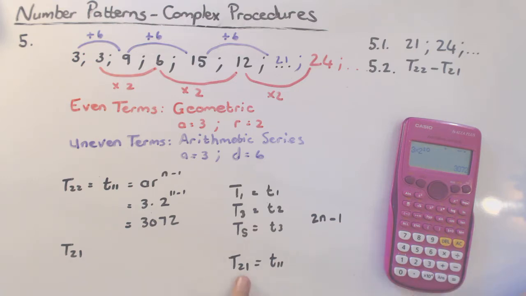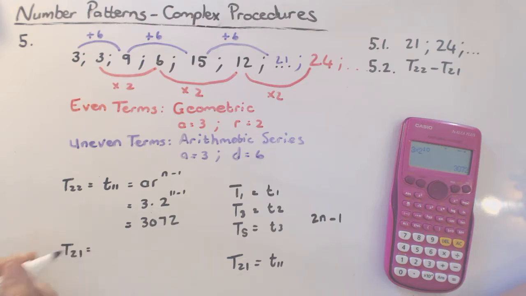Right, so in the big pattern, term 21 is also the 11th term in the arithmetic series.